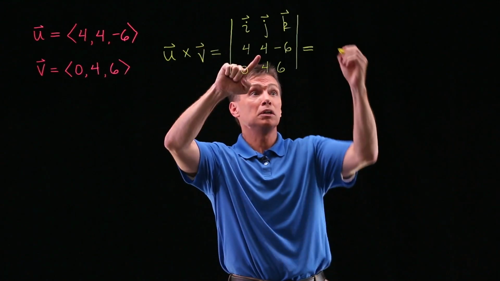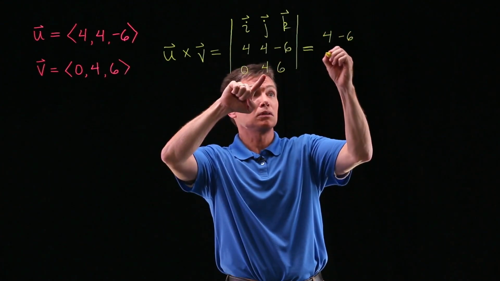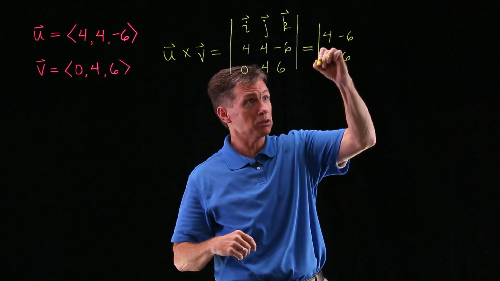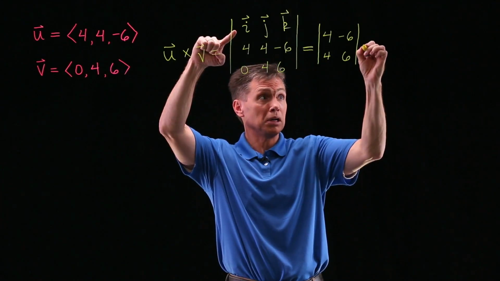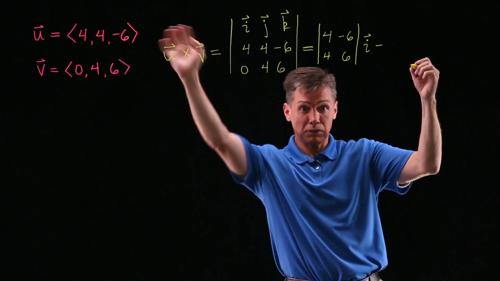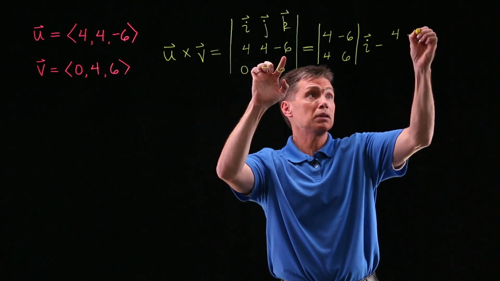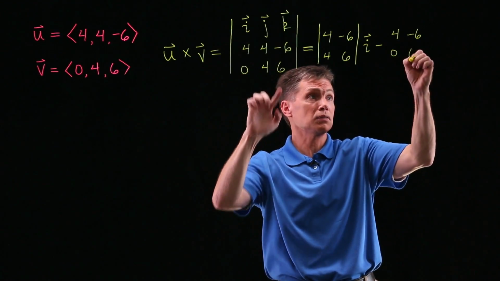So I'm going to have the submatrix 4, minus 6, 4, positive 6. I need to find the determinant of that, and then multiply by the i vector, minus. The next submatrix is going to be 4, minus 6, 0, 6.